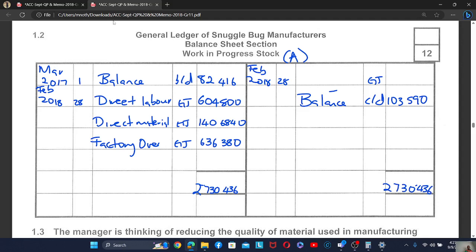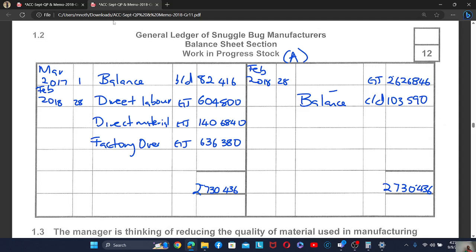So how much is the difference between the debit and the credit? 2,626,846.